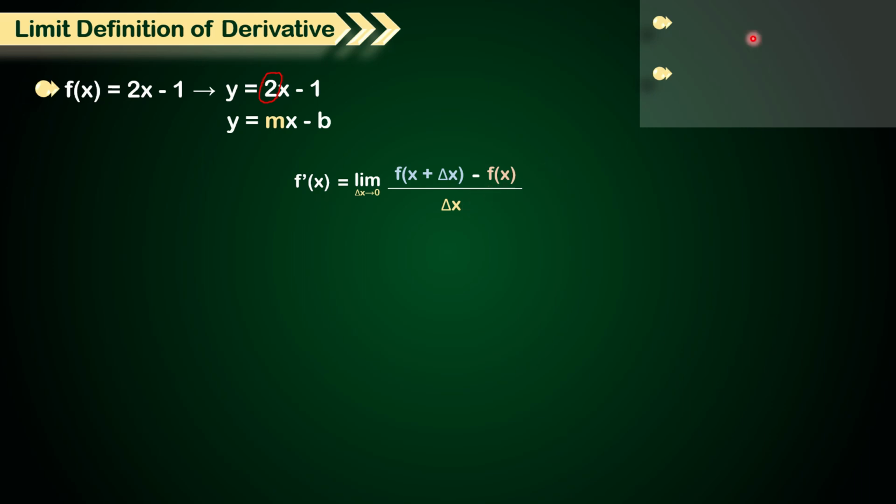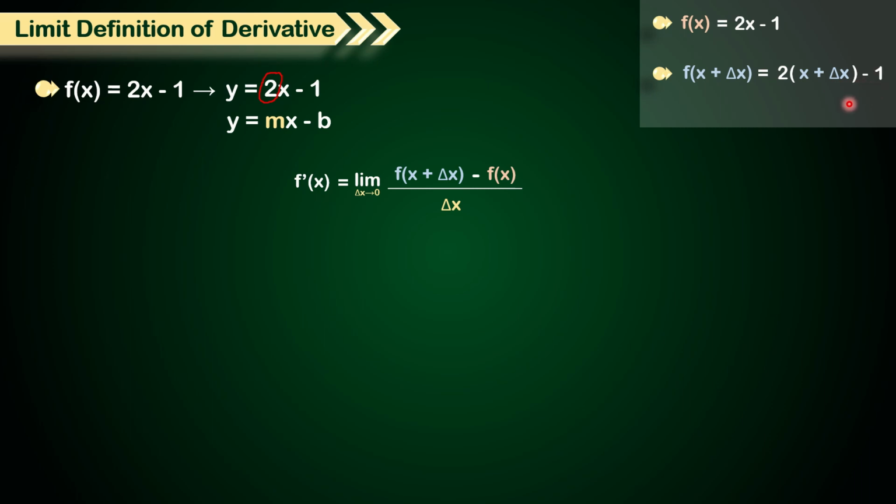First, what is f of x? F of x is the given function itself, which is 2x minus 1. Next, what is f of x plus delta x? Substitute x plus delta x into the given function. F of x plus delta x is equal to 2 times x plus delta x, subtracted by 1.